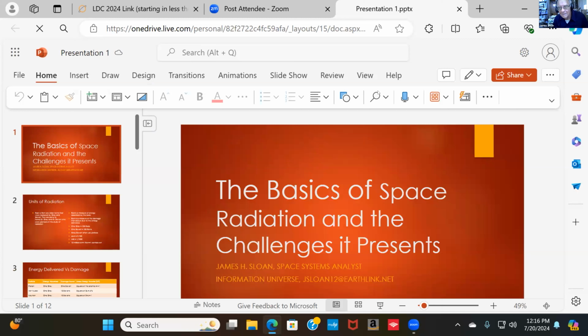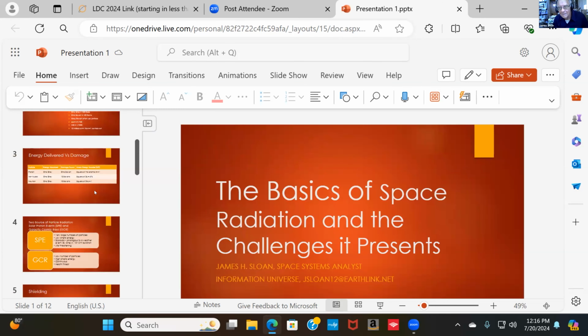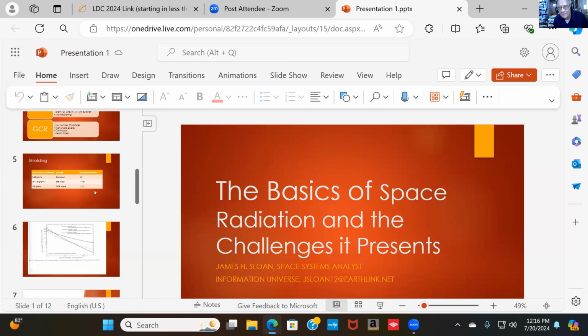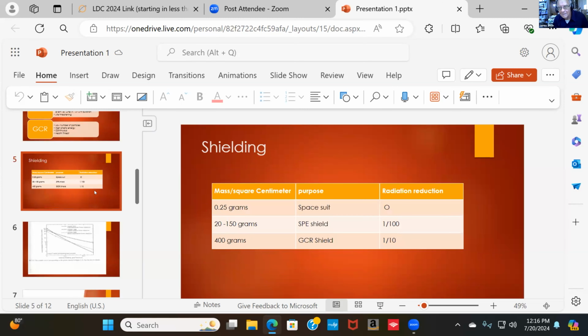In the case of solar particle events, 20 grams per square centimeter works out to about 200 kilograms per square meter. This provides a protection factor of about 100, reducing the incoming radiation by a factor of 100.